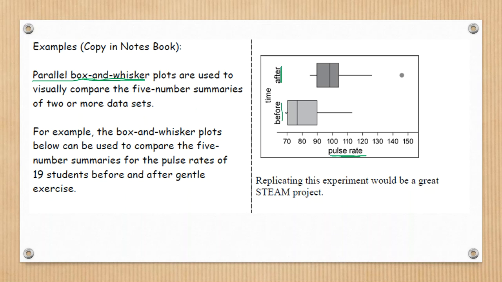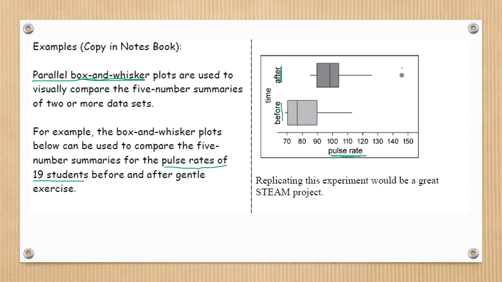So you can see here, this is the box and whisker plot for before exercise, and this is the box and whisker plot for after exercise. So we've got pulse rates for 19 students before and after exercise. Very easy to compare that the pulse rates were much higher after exercise, which is not a surprise.